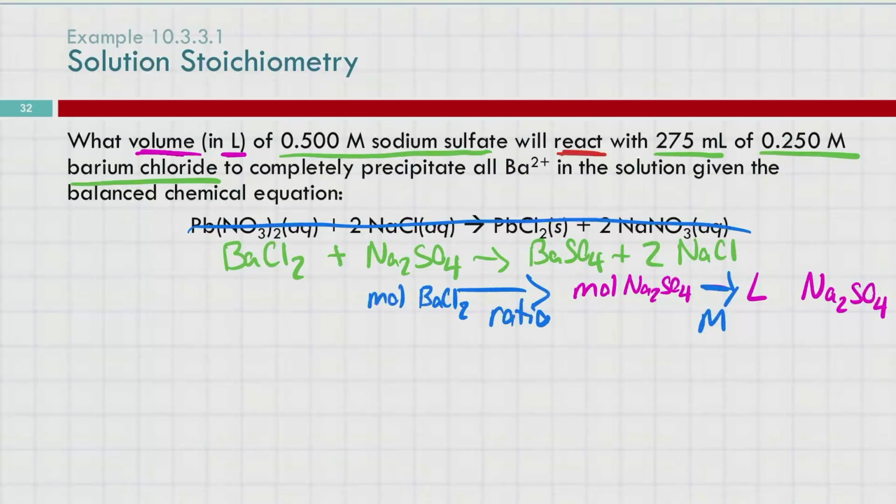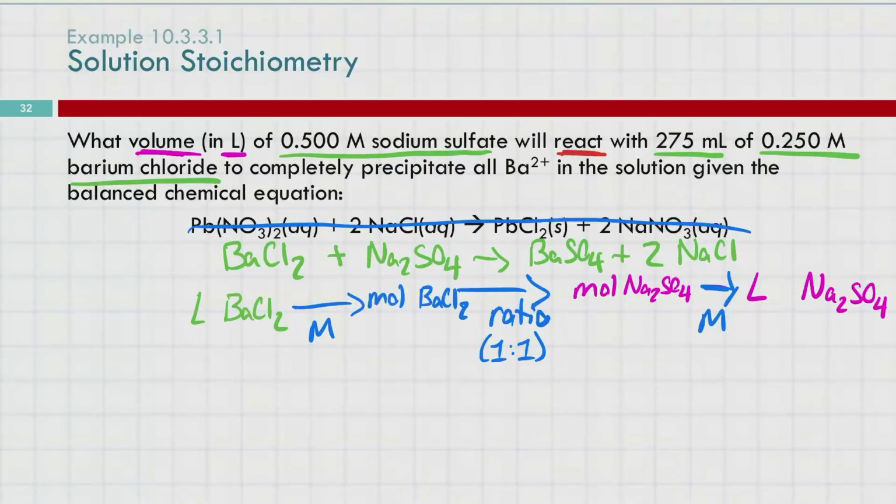In this case, it's 1:1. And we could get to moles of barium chloride using our molarity and our volume of barium chloride, liters of barium chloride.